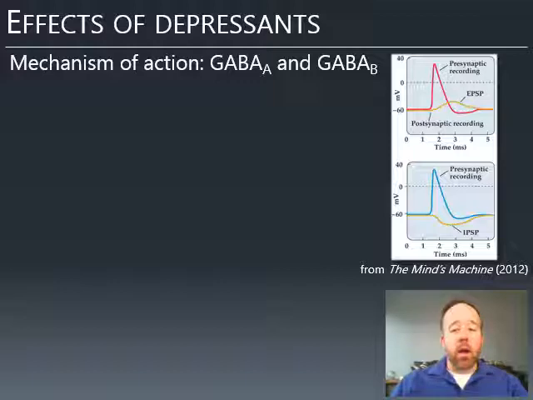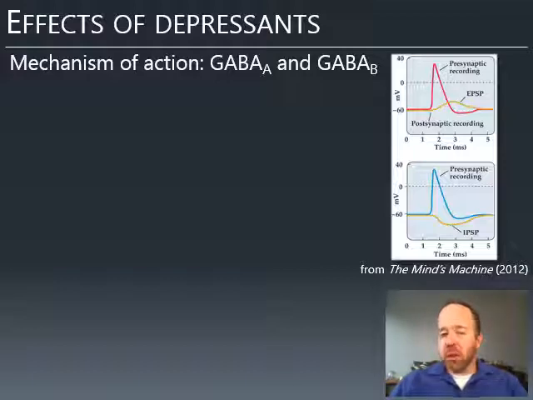So if we're recording from the presynaptic neuron, we see an action potential come down to the end of the axon terminal. And then in the postsynaptic neuron, we see a depolarization. That is a change in the membrane potential that gets closer to the threshold under which the neuron would fire. So glutamate increases the likelihood. You get enough glutamate transmission, and that postsynaptic neuron will fire.